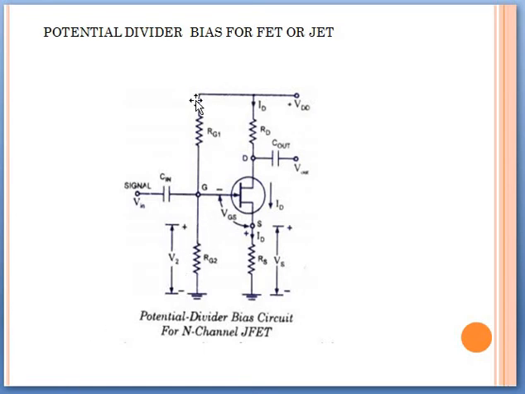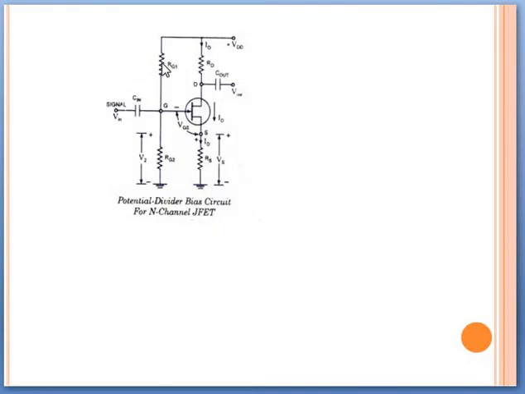Next type of biasing is potential divider biasing. Here we keep the voltage divider circuit at the gate terminal. The resistors RG form the potential divider across the drain supply, and the voltage V2 across RG2 provides the necessary biasing.